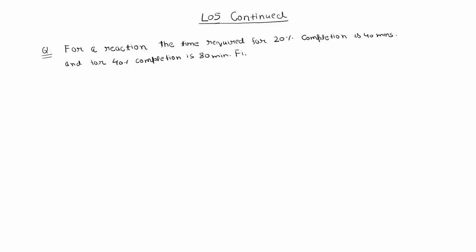Find the order of reaction and rate constant. Now solution. The question is, for a reaction, the time required for 20% completion is 40 minutes and for 40% completion is 80 minutes. So for that type of reaction, we have to use the hit and trial method.